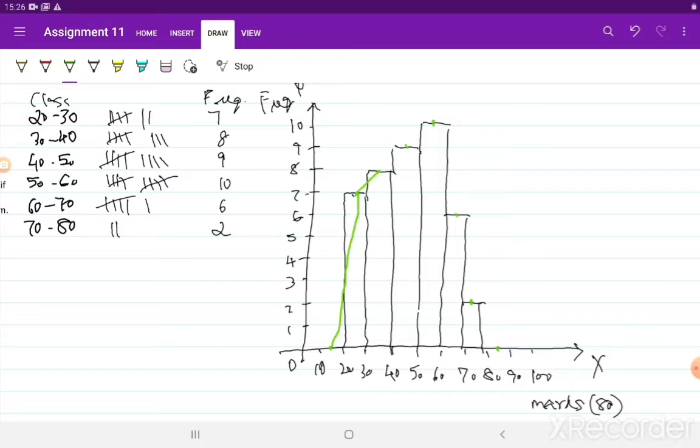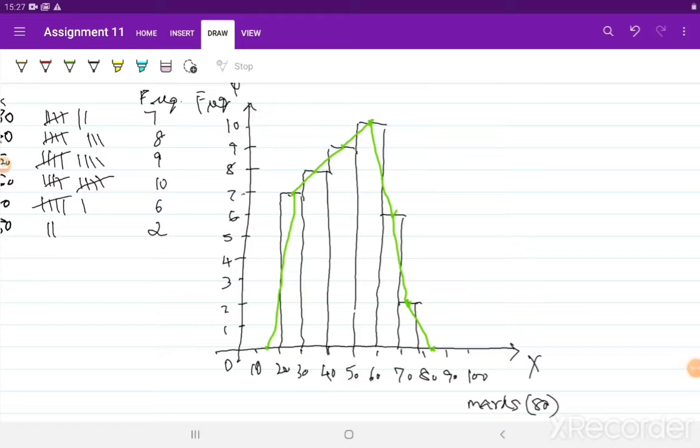Okay, please draw with a scale so that these are straight lines. So let me see if I can make this better. Once again, right? So the green colored line is your frequency polygon. Please use a ruler and pencil for all these graphs.